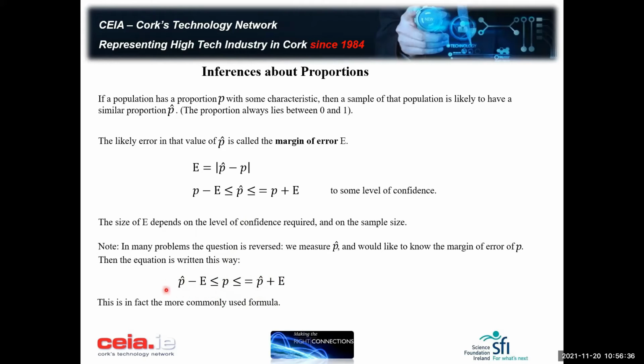And this is the more common way of using it. Both of these formulas are somewhat equivalent, but this is the more common way of framing the problem. You measure p hat from a sample and you try to work out what the range of values of P can be.